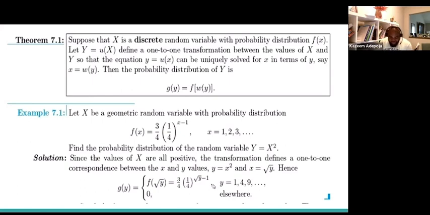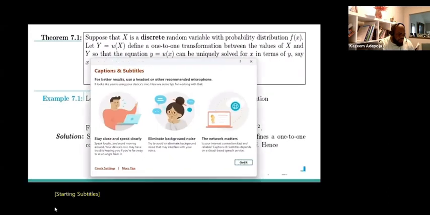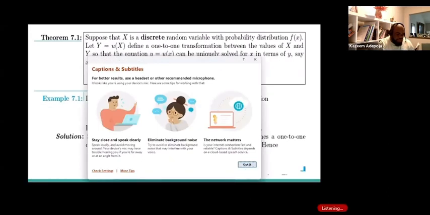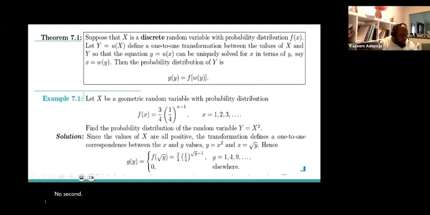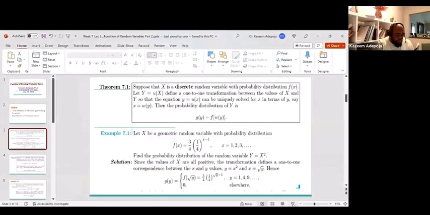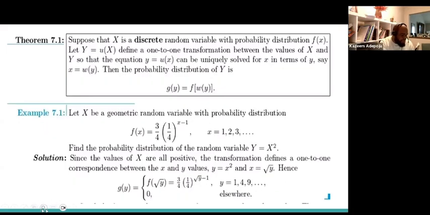Take a look at this. Okay, so now if you take a look at this particular one, that's a discrete, right?